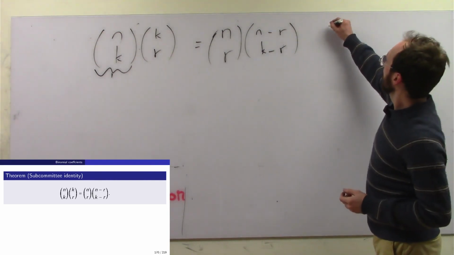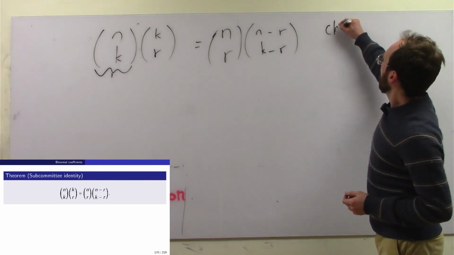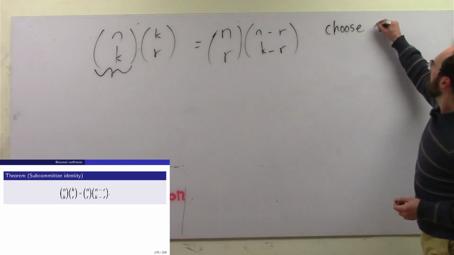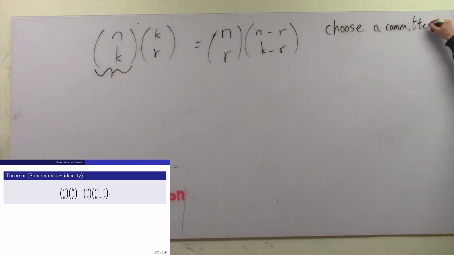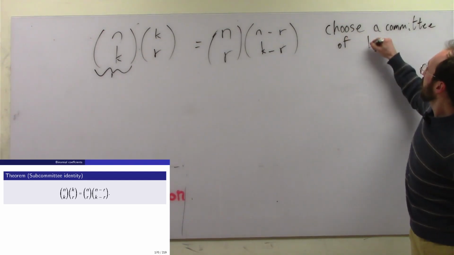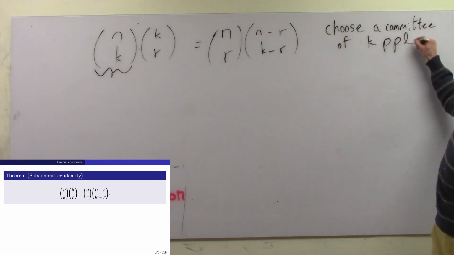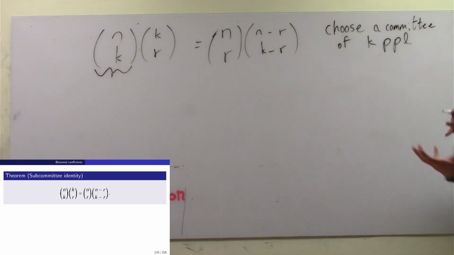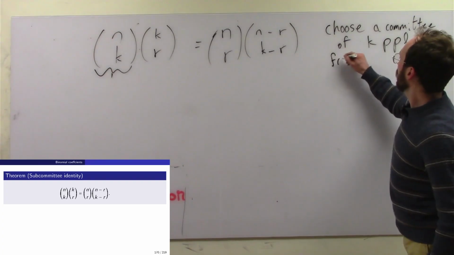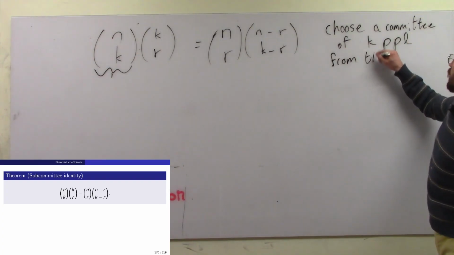So let's actually write that down. We're going to choose a committee of k people. And then from that pool of k people, we're going to build this subcommittee.